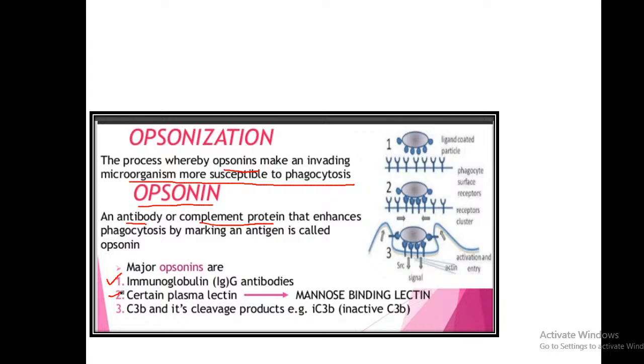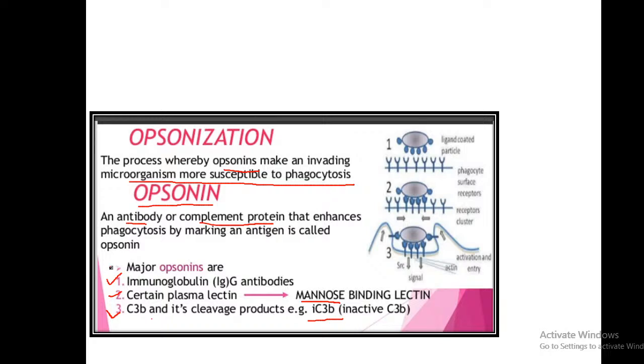The second is plasma lectin, that is the mannose binding lectin. The further details you need not study in this portion. That is the mannose binding lectin or certain plasma lectin proteins. The third is C3b and its subproducts, that is iC3b, and these are the opsonins.